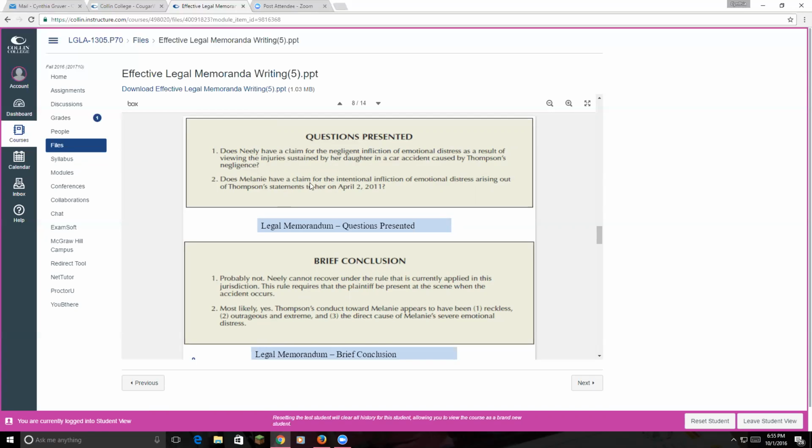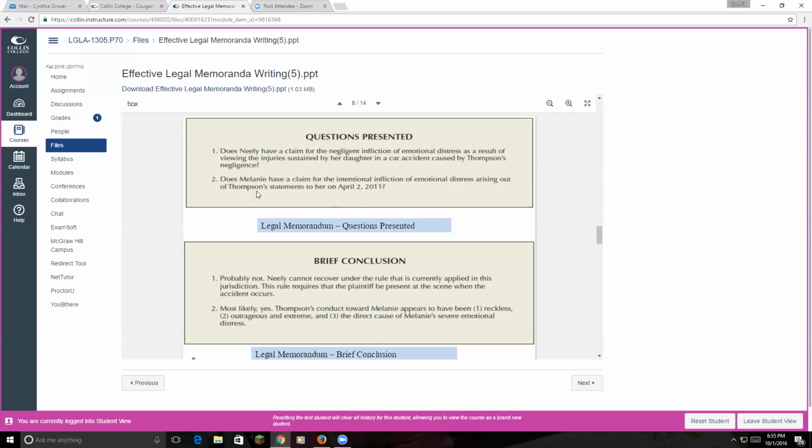Does Melanie have a claim for the intentional infliction of emotional distress arising out of Thompson's statements to her on April 2, 2011? This is not nearly as good, because we need to know what Thompson said about her on April 2nd, 2011. We aren't really in any position to evaluate.